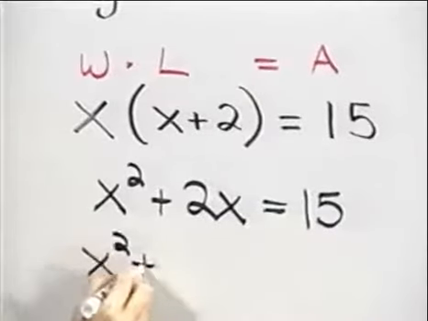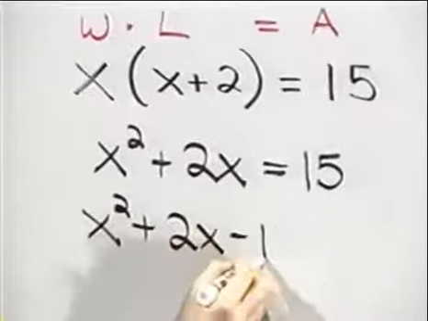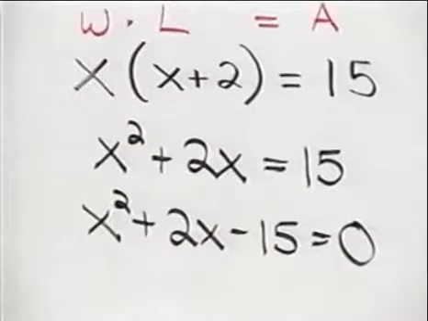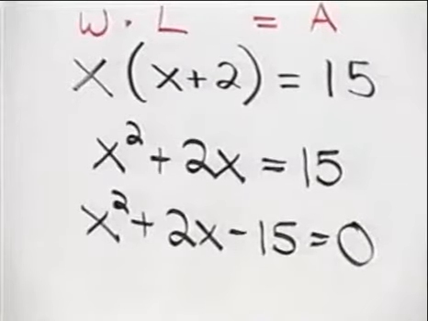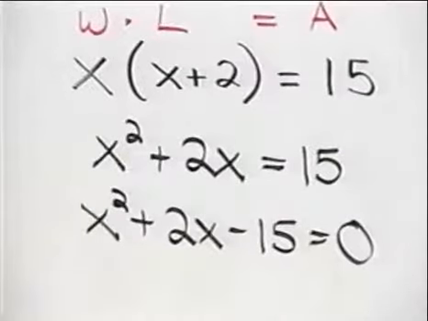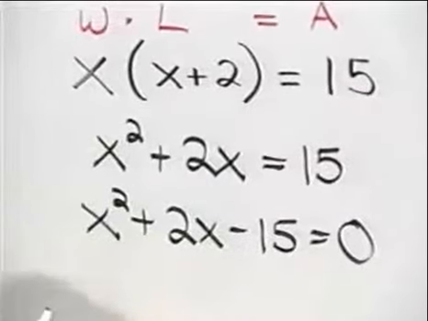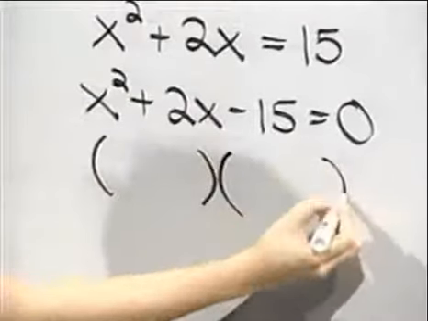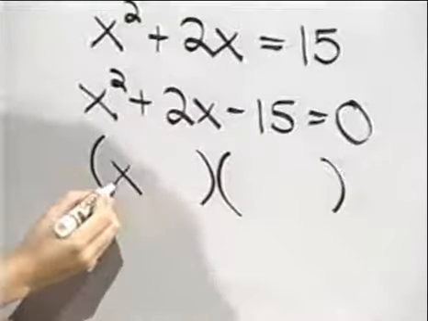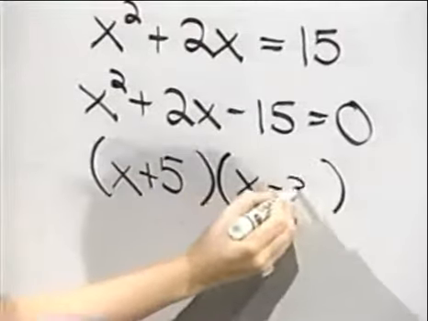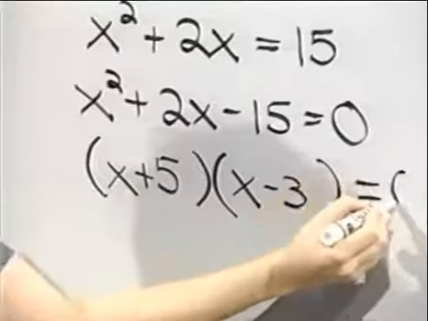So you subtract 15 from both sides, and you get x squared plus 2x minus 15 equals 0. Then you're going to factor and use the zero factor principle. When I factor, I get x plus 5 times x minus 3 equals 0.